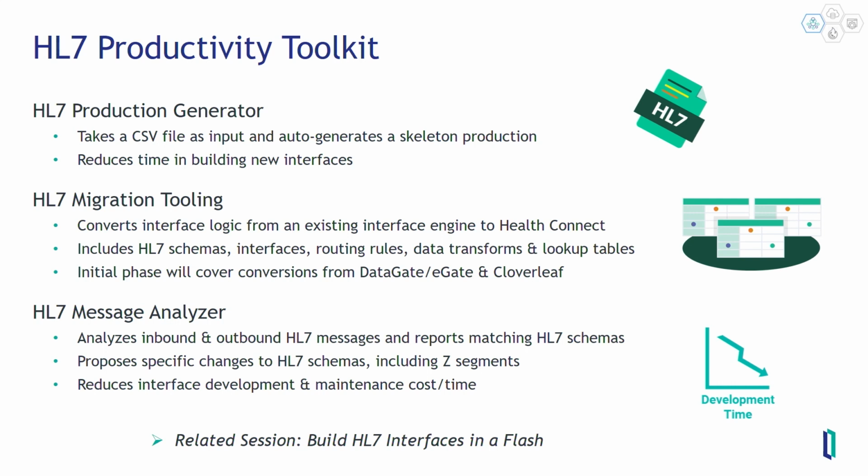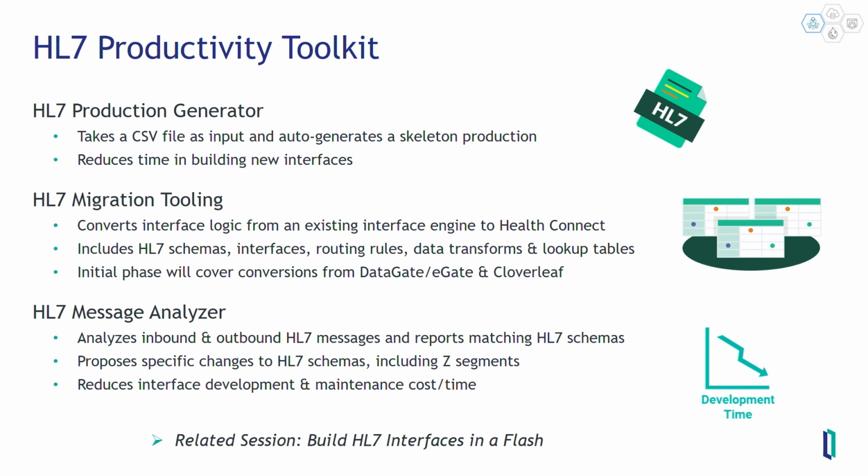The second one is called HL7 Migration Tooling. This adds another layer on top of the production generator. It allows you to convert interface logic, including things like routing rules, data transforms, and lookup tables.